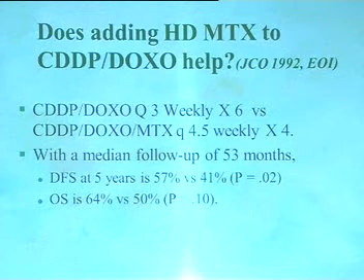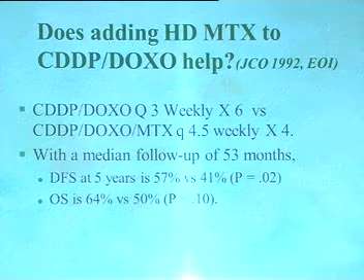The other criticism of this trial was that the dose of leucovorin, which is used with high doses of methotrexate, was much higher, so we were antagonizing the chemotherapeutic effect of methotrexate.